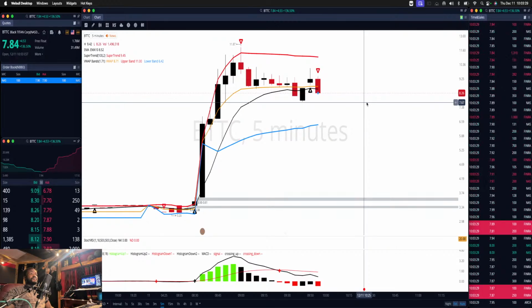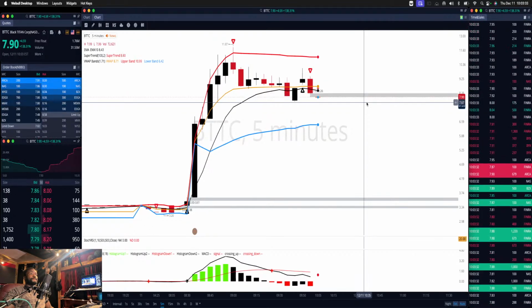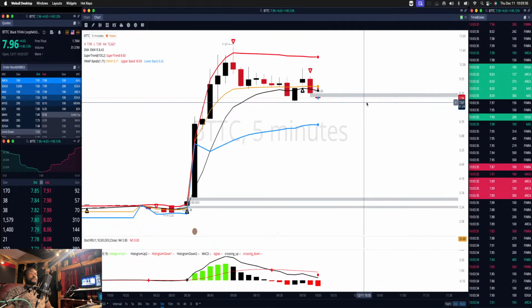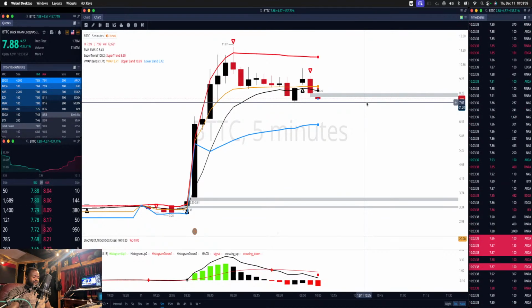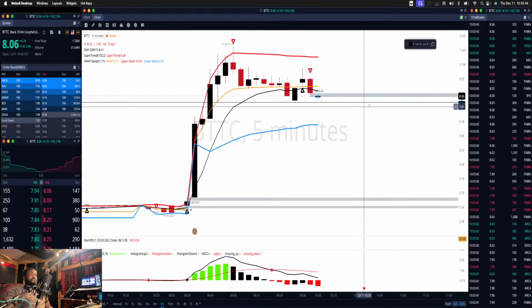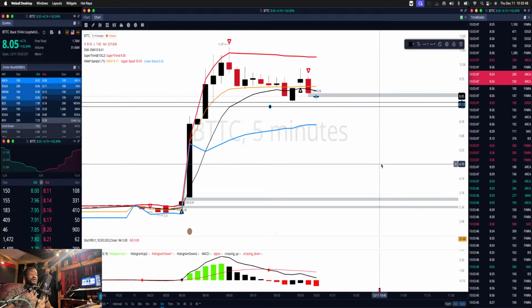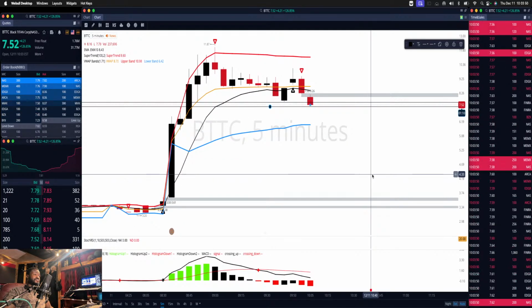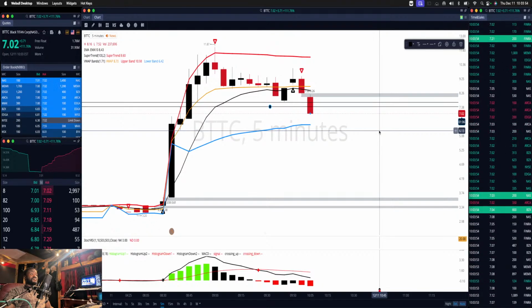There's a gap right here. It came down. It's $11. There's a gap right there. And then there's an even bigger gap on the 5-minute chart.